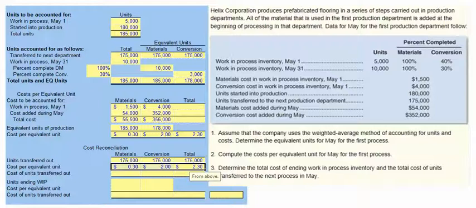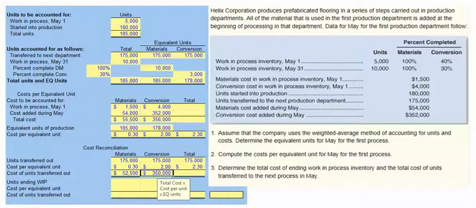So to calculate the cost of the units transferred out, we'll multiply our 175,000 units times our 30 cents per unit for direct materials to get a direct material cost of $52,500. We'll do the same thing for our conversion cost.